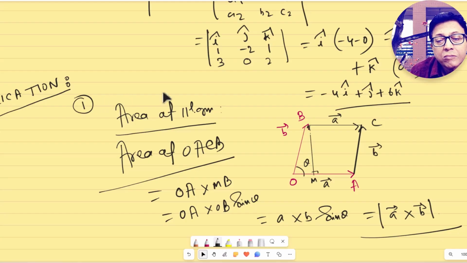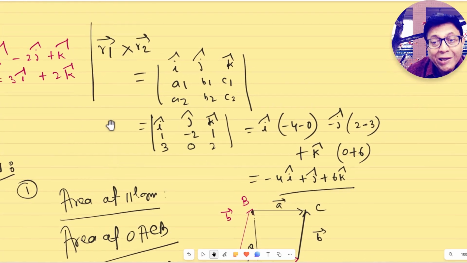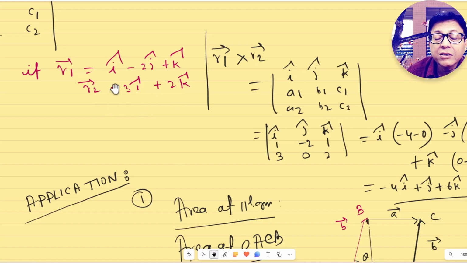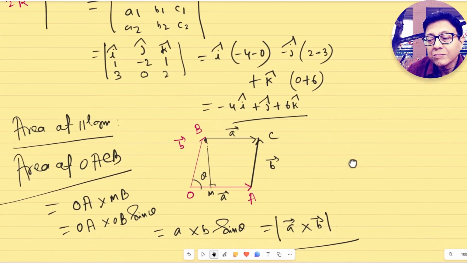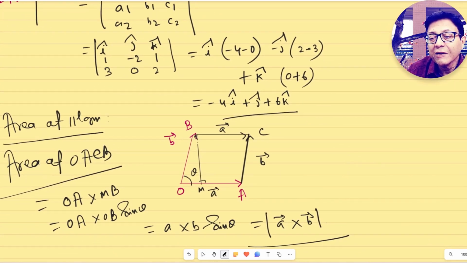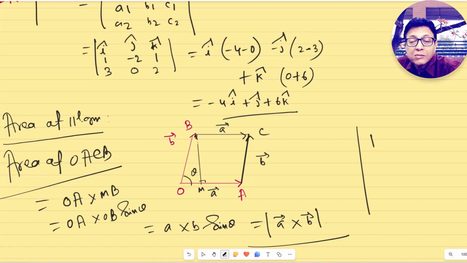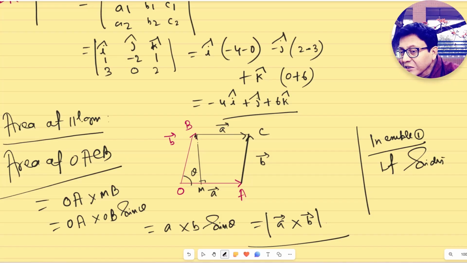OB sin theta. This is A. OA means no vector, just simply write A, B sin theta. This is nothing but mod of A cross B. Okay, done. Because we have just done it before, that mod of A cross B is AB sin theta. So we can write it in the form of A cross B.